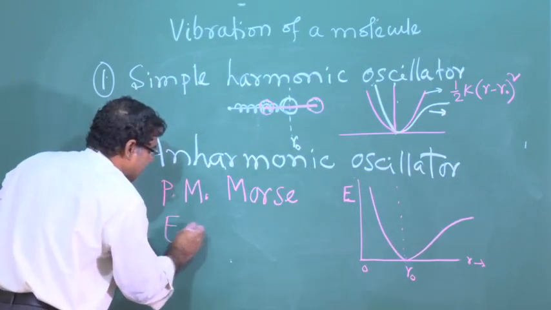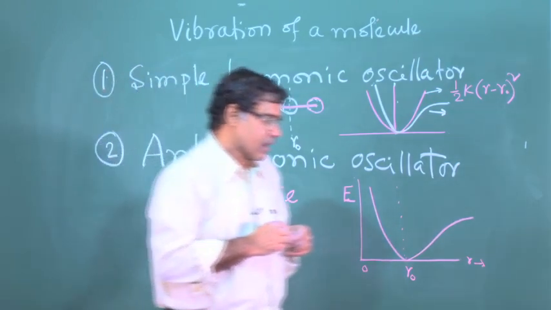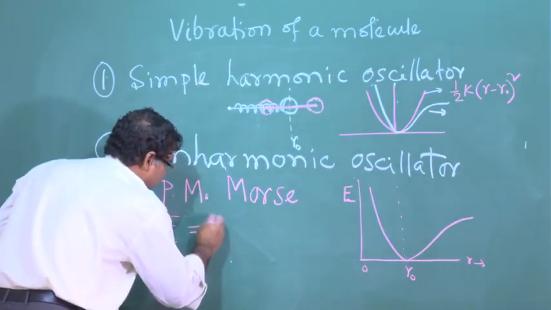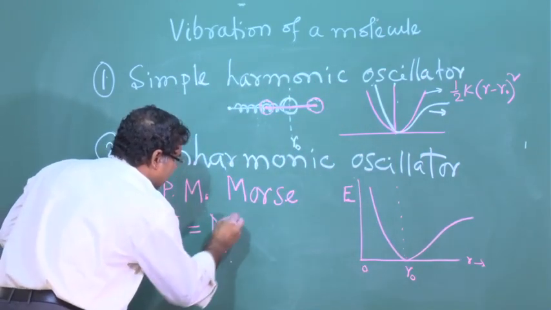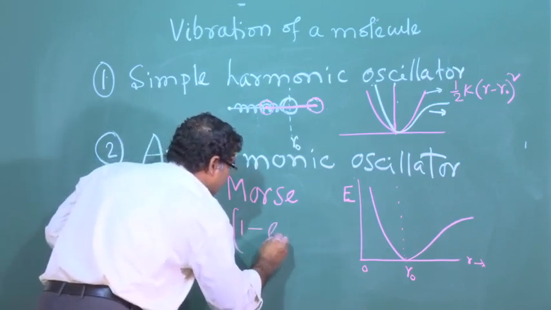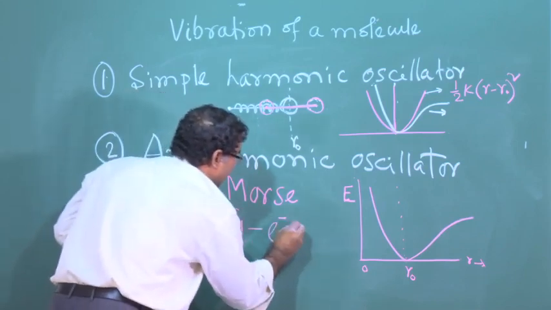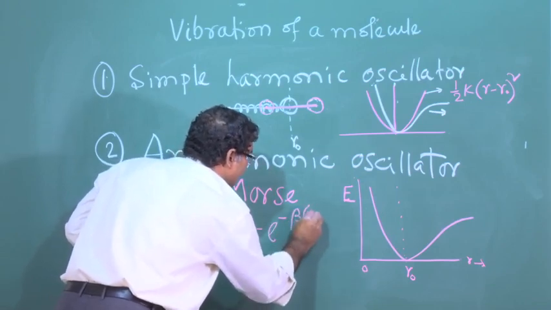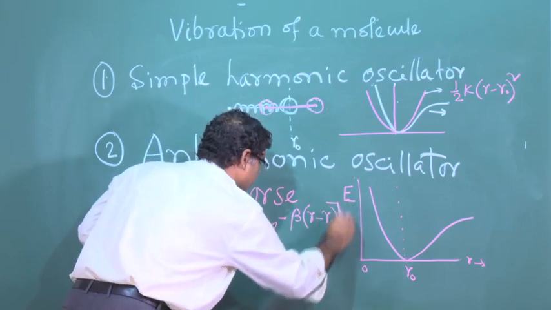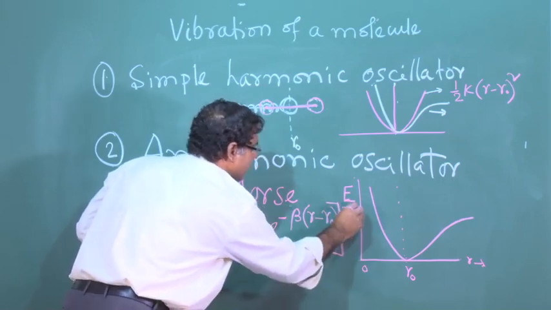So, this E is equal to D e times 1 minus e to the power minus beta (r minus r 0), then square.